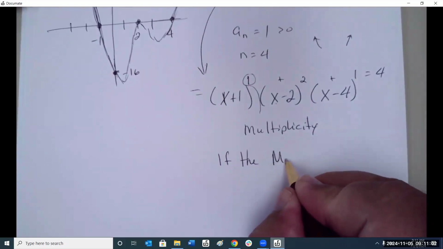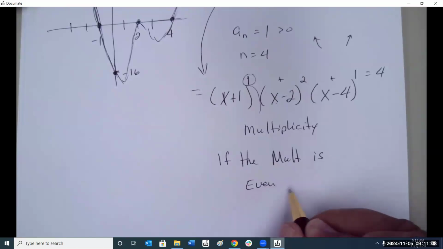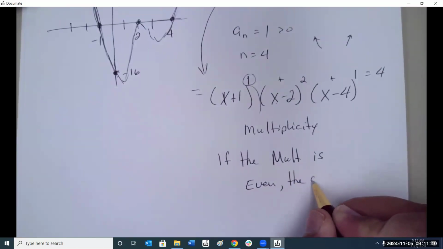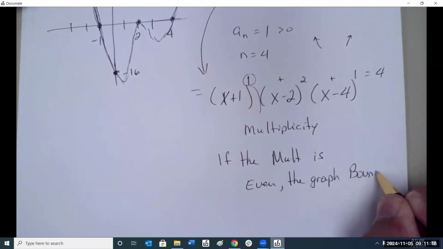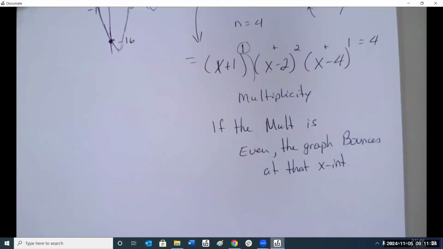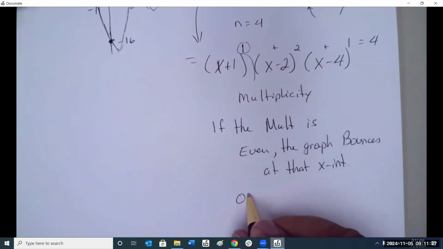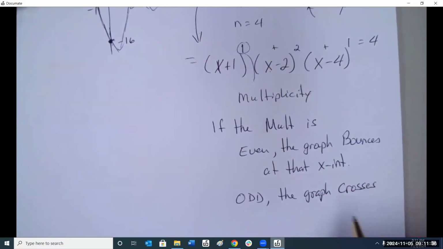If the multiplicity is even, the graph bounces at that x-intercept. If the multiplicity is odd, the graph crosses at that x-intercept.